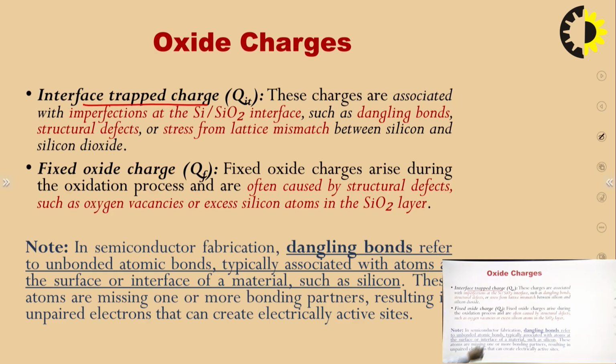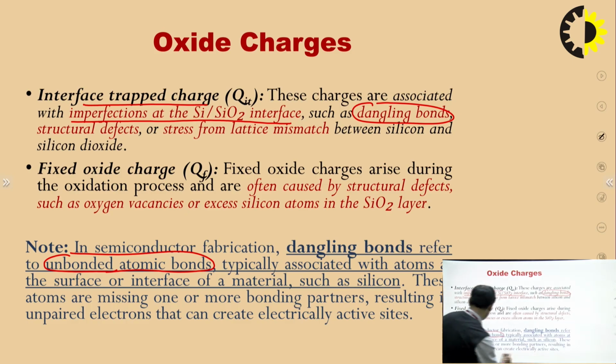Now, these charges are associated with the imperfections at the interface, such as dangling bonds. What are dangling bonds? Dangling bonds are nothing but the unbonded atomic bonds where one or more bonding partners are missing.